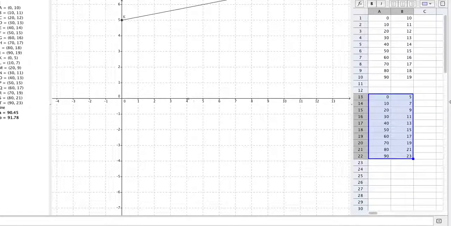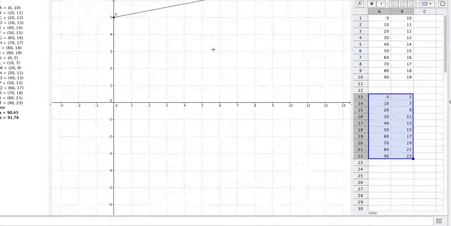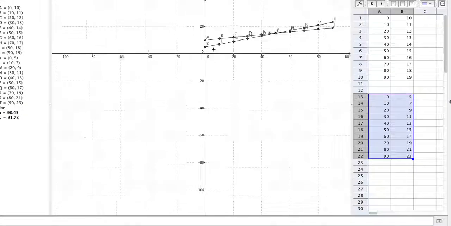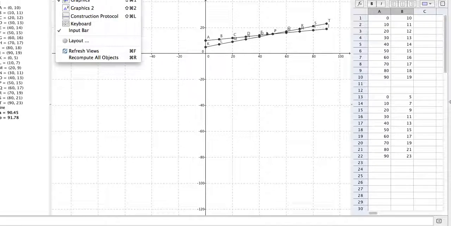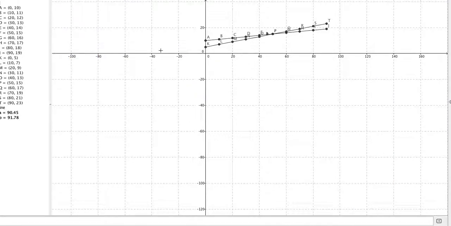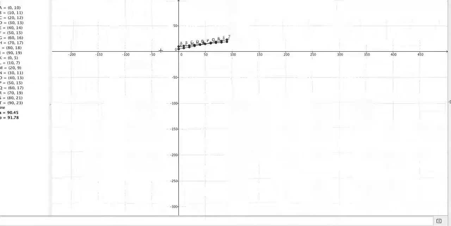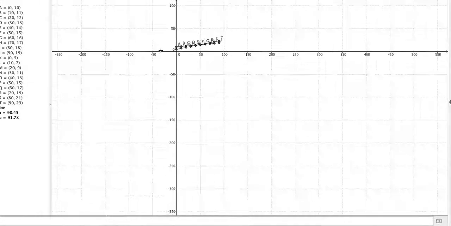If you look closely, back here now, there it is, right there. Let me close my spreadsheet. Look at this closely.